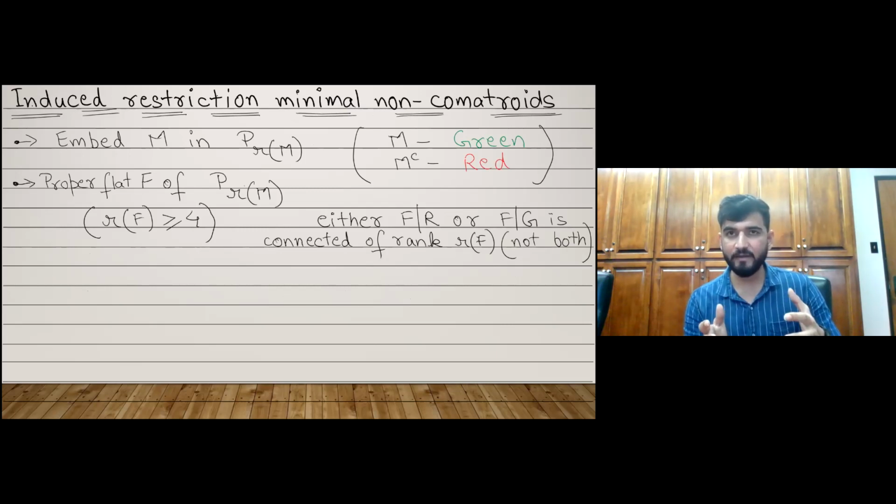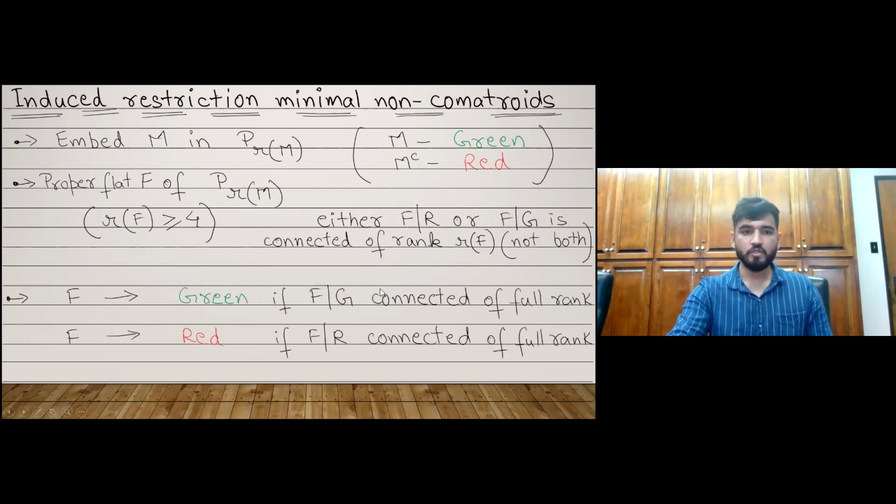This proper flat is supposed to be a comatroid, which means both red and green cannot be too connected at the same time. So either the red points of the projective flat F are connected, or the green points of the flat F are connected or full rank. So we call the flat green or red depending on which one is connected or full rank.